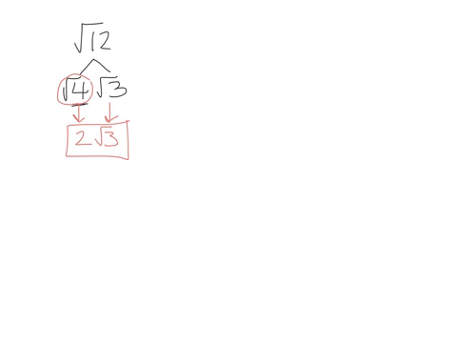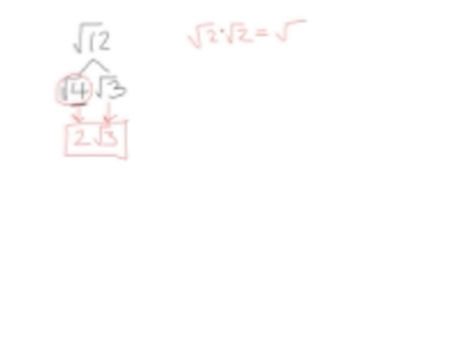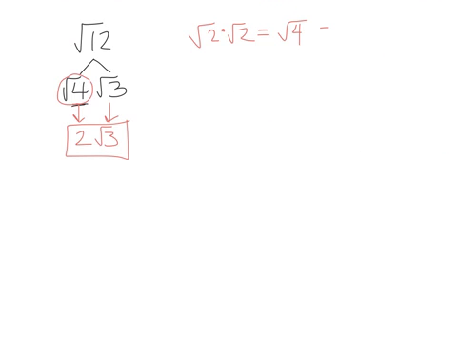Now, anytime you're multiplying a radical times itself, this is the second rule for working with radicals that has to be really clear. If I'm multiplying rad 4 times rad 4, I know I can multiply them together and get rad 16, and simplifying that is just plain 4.